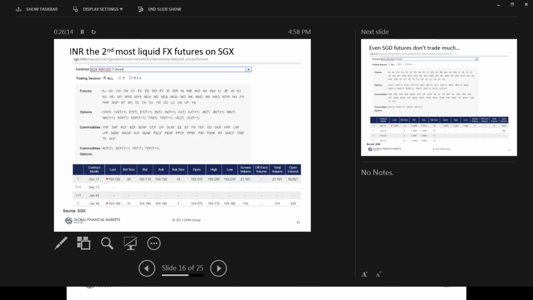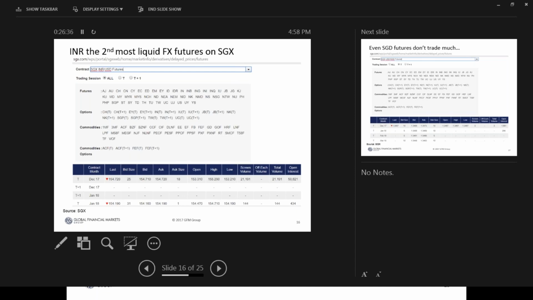Now, the second most liquid FX futures contract on the SGX is that on the Indian Rupee. And just like with the renminbi, you see a difference in exchange rate over a 1 month or a 1 year period, purely reflecting the fact that Indian interest rates are higher than US interest rates.